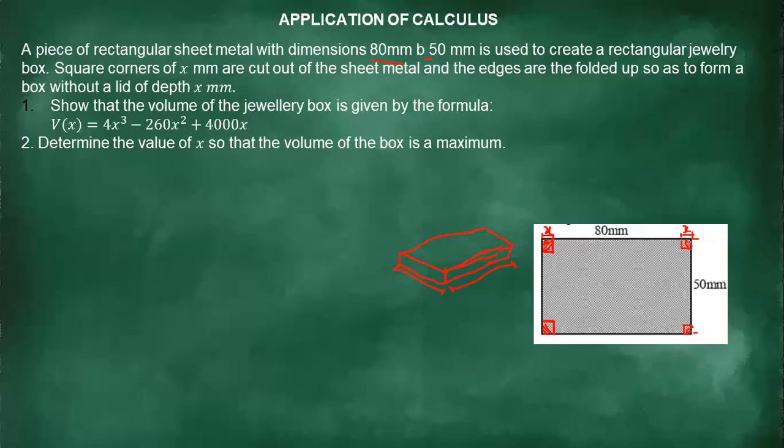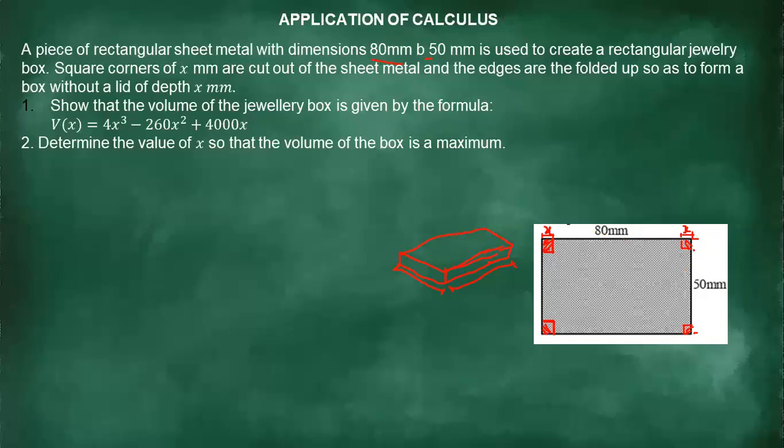Now if you fold this one, then it's going to be 80 minus 2x, because this x plus this x gives us 2x. Then we are going to have 80 minus 2x as the new length.